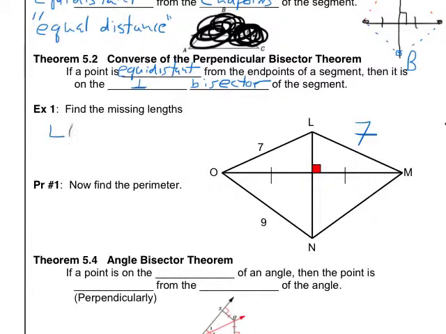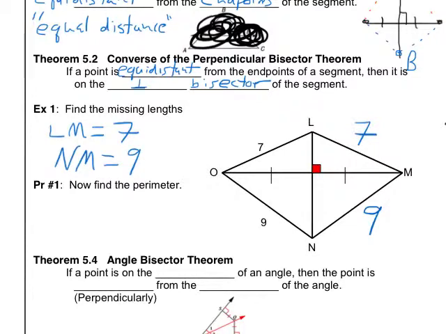So we could say, hey, LM equals 7. And same thing here. If ON is 9, N is on the perpendicular bisector, so it's got to be equal distance from both of these endpoints. So if ON is 9, then NM is 9. And there we go. We have the missing lengths.